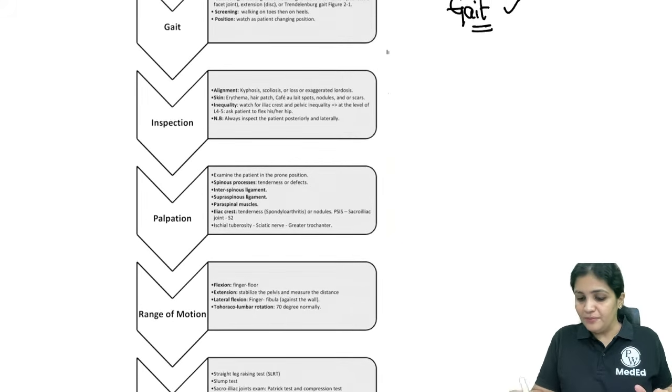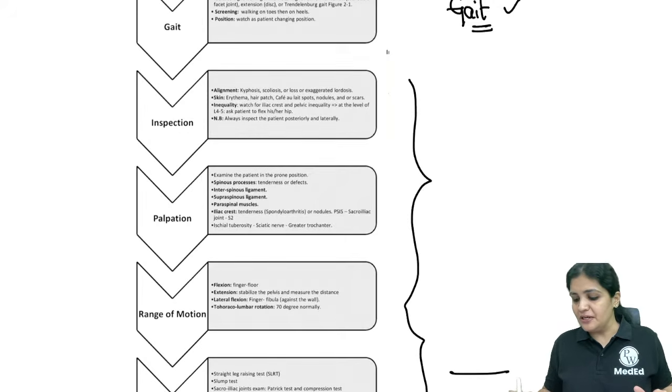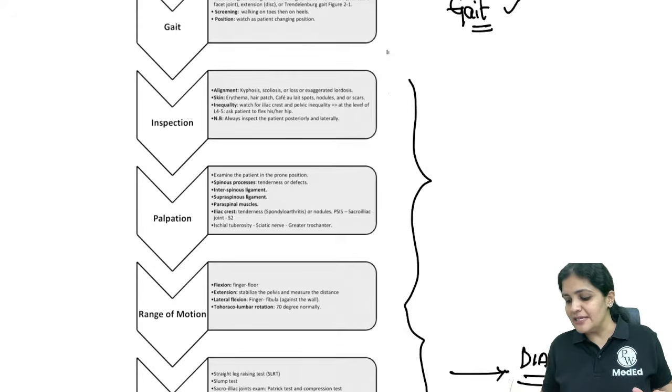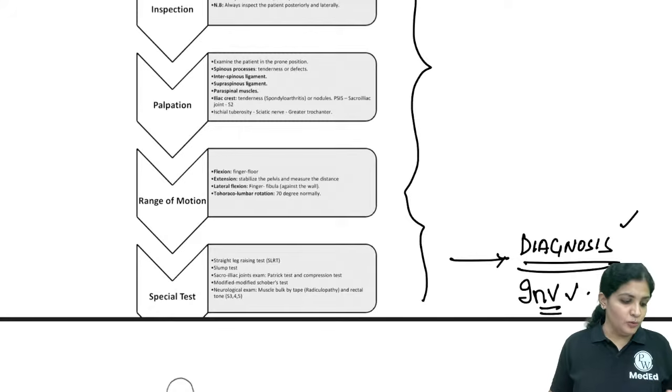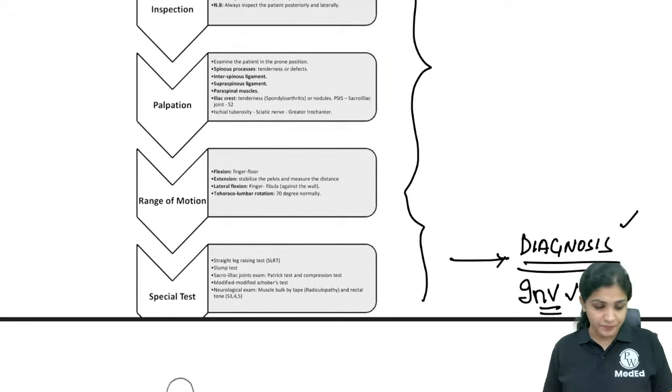So from the inspection, palpation, range of motions, and the special tests, you will come to a diagnosis. So once your diagnosis is established, then you confirm it by your investigations, right? And then you evaluate the patient.